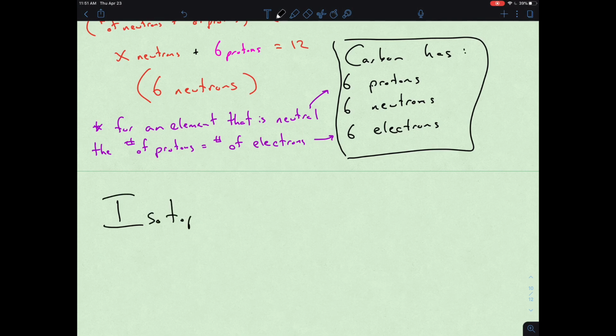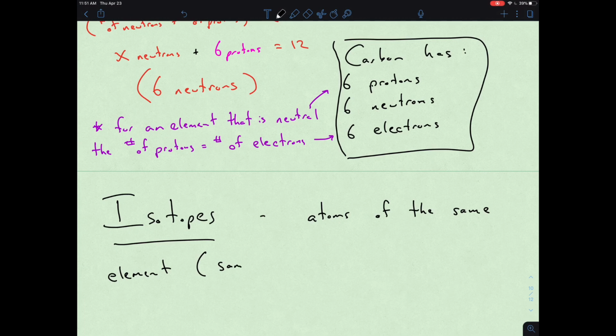Now, within elements, there are different forms of the elements. And so we have one form here, which is isotopes. And isotopes are atoms of the same element.